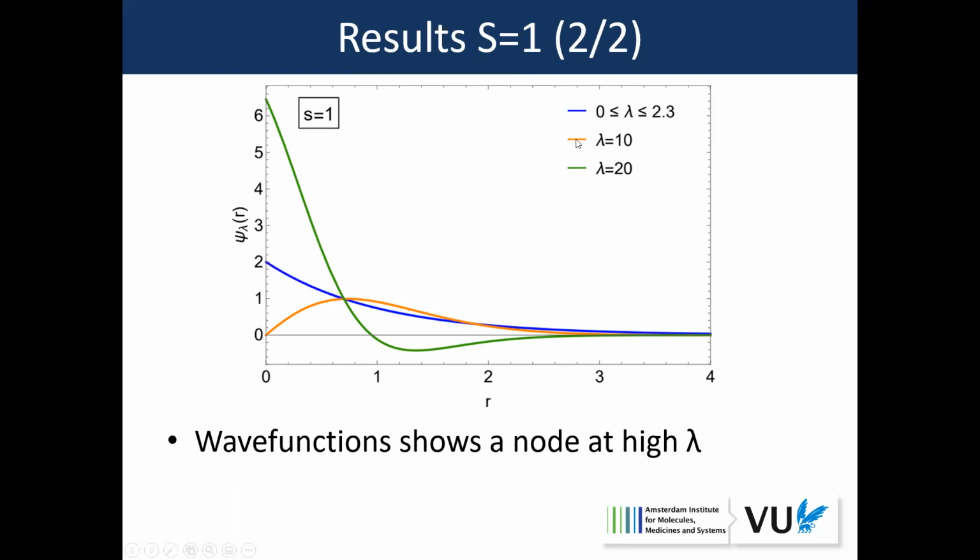But then when you increase lambda, where you go to the LS1 channel, you see this wave function with the node at 0. And when you go to even higher lambdas, where you go back to the LS0 channel, you get this green wave function, which also contains a node. And this was not what we expected. So we want to look at it later, why it does exist.